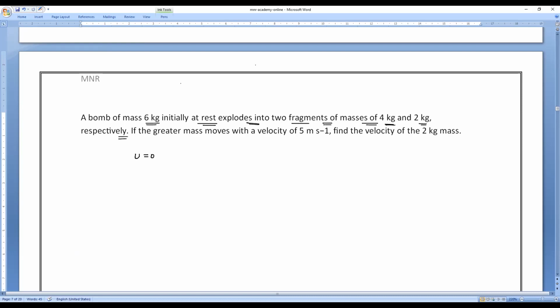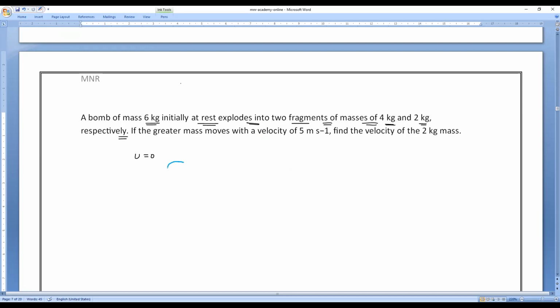Kishore has a doubt: the minus is not negative? Yes, Kishore, the minus indicates the opposite direction. You should mention it as a minus because it indicates that it is acting in the opposite direction.